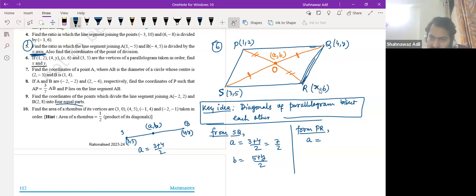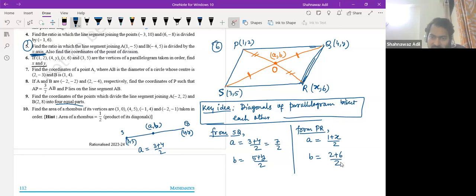This is x, right? Yes, that is correct. And what would be B? 2 plus 6 by 2. Yes, so that is correct.